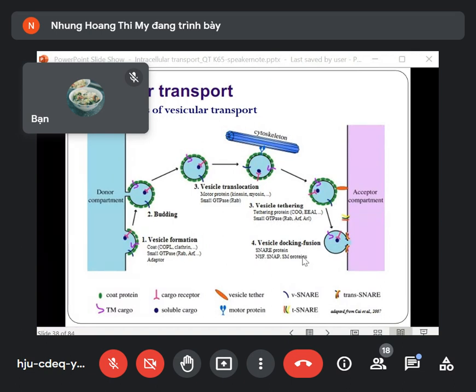And for the docking and fusion, you need support from the SNARE protein. We have two types, the v-SNARE and the t-SNARE, and also the trans-SNARE complex when the fusion happens. So in the next slides, we can go into detail of the steps for this type of transport.